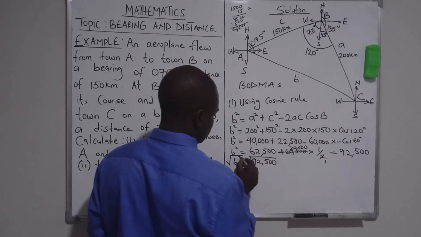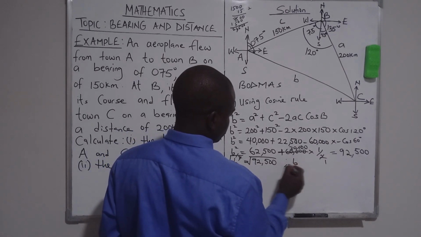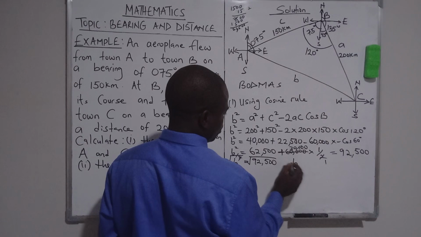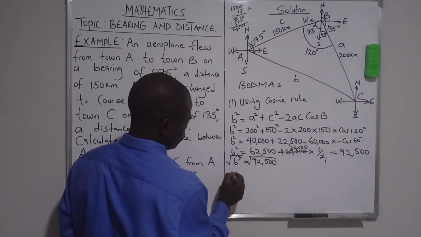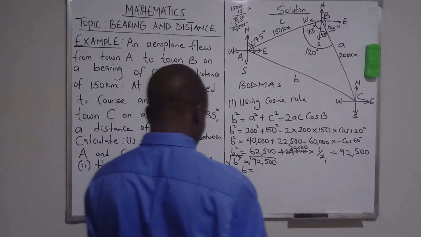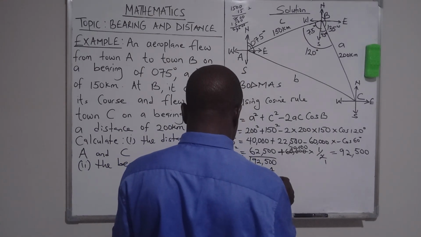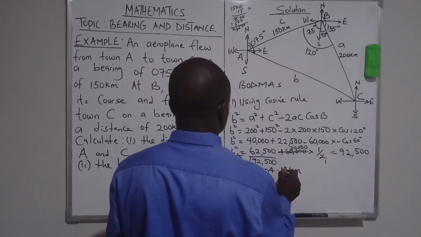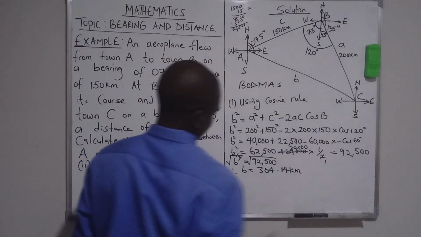The square root cancels the square. Therefore, b now equals, when you find the square root, 304.14 kilometers. That is the distance between A and C.